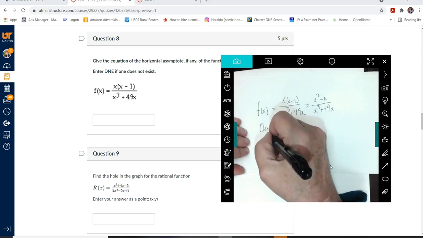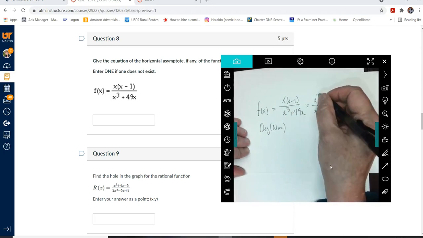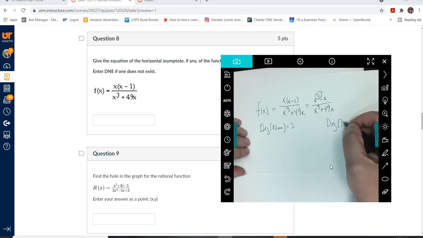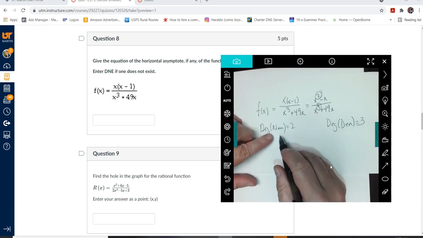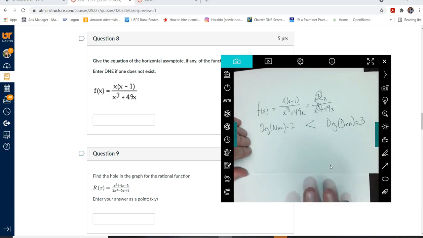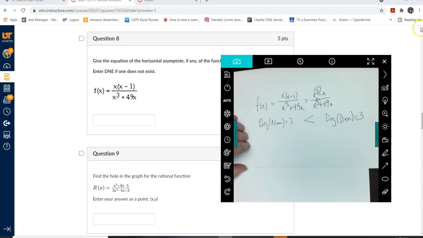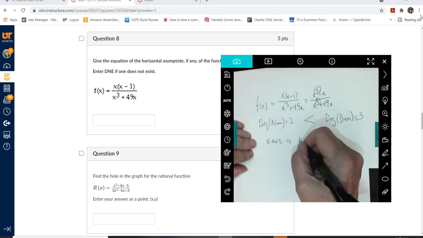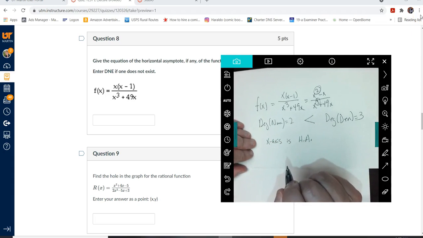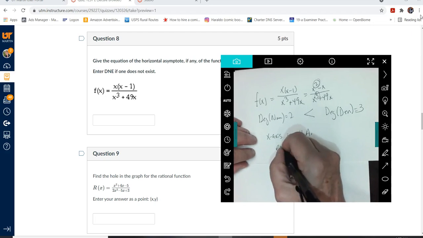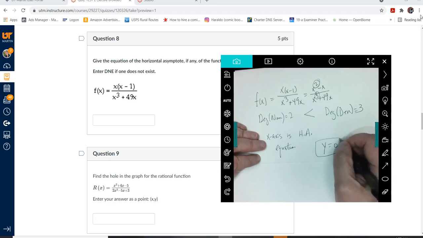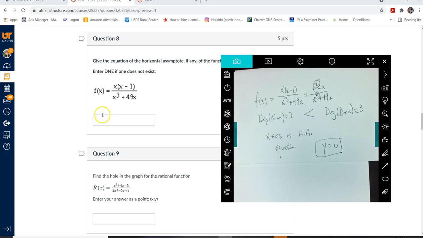Here, the degree of the numerator is 2, and the degree of the denominator is 3. And so the degree of the numerator is smaller than the degree of the denominator. That was case 1. And so that means that the x-axis is the horizontal asymptote. But this question asks for the equation. And the equation of the x-axis is y equals 0. So that's what we're going to put in here.